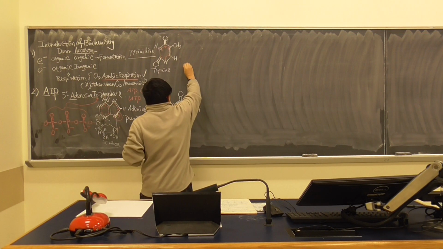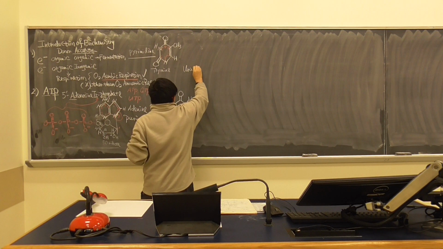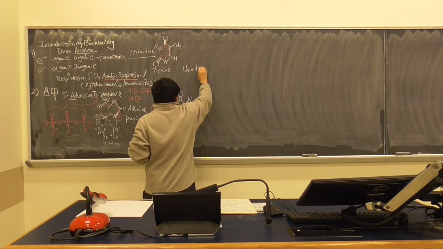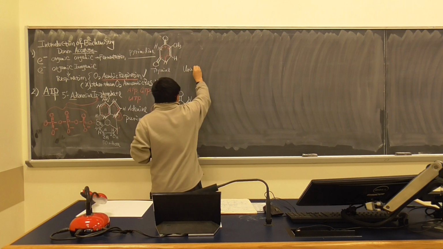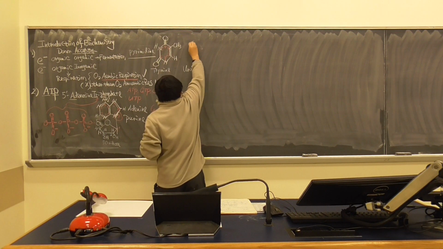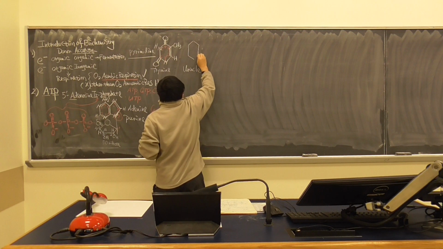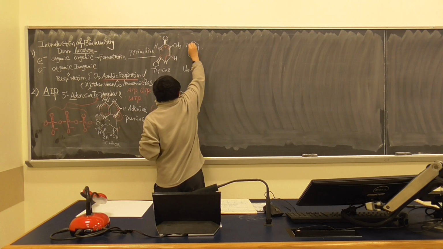There is one pyrimidine very similar to thymine, but it's not in DNA, it's in RNA, called uracil. So what does it look like? 6 carbon, exactly the same.